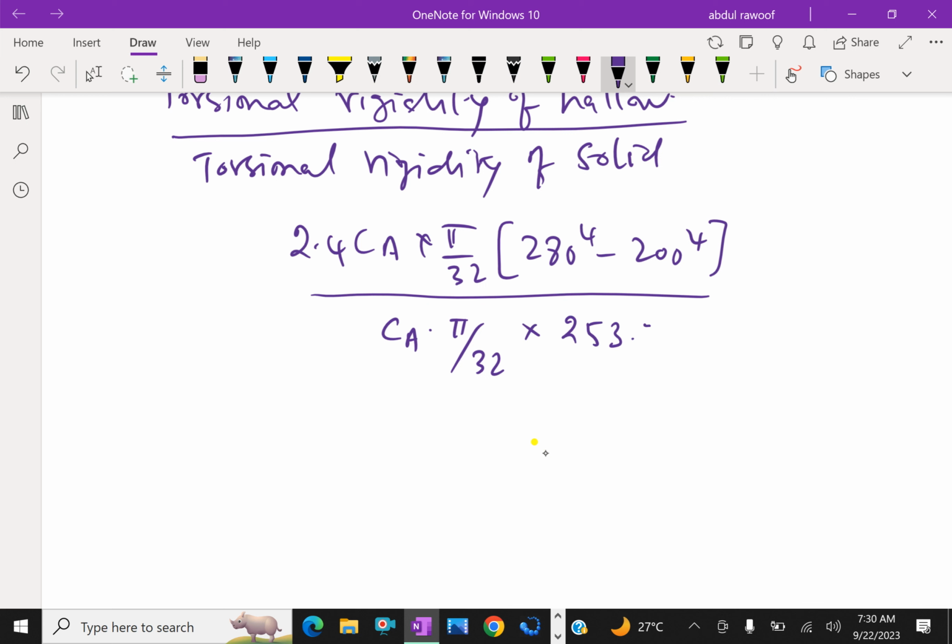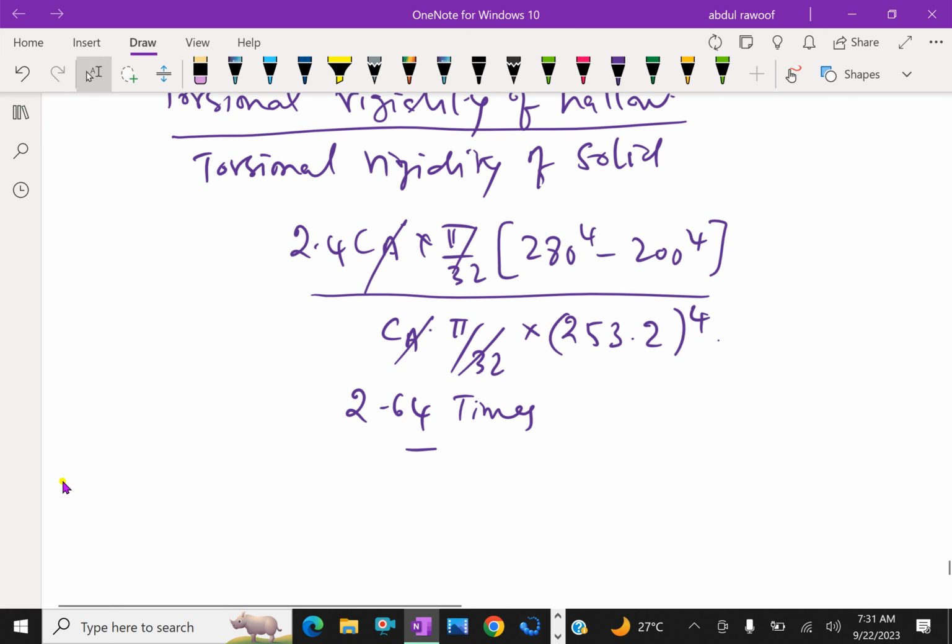Now the calculation, (280 power 4 minus 200 power 4) over 253.2 power 4, into 2.4, gives 2.64 times. That means the torsional rigidity of the hollow shaft is 2.64 times more than the torsional rigidity of the solid shaft.